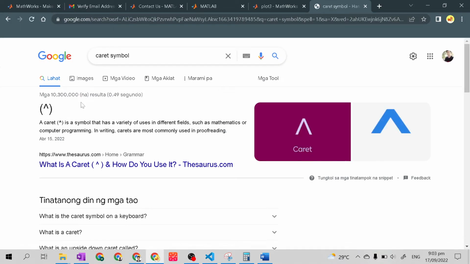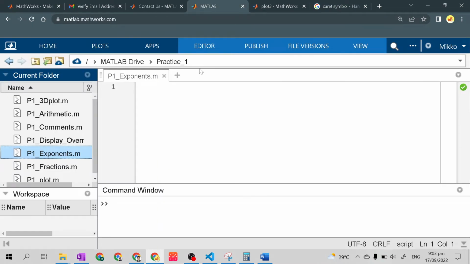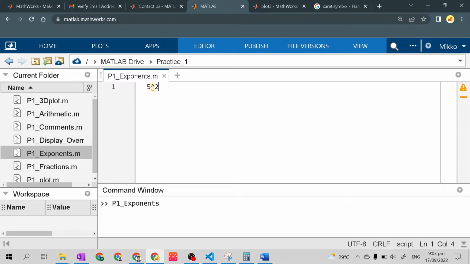A caret symbol is used to create exponents. Okay? So example 5 raised to 2. Then F5, so 5 times 5 is equal to 25.